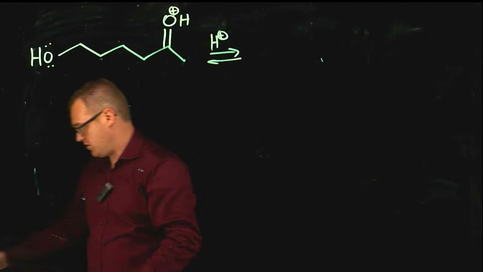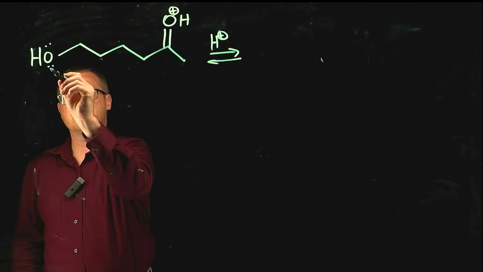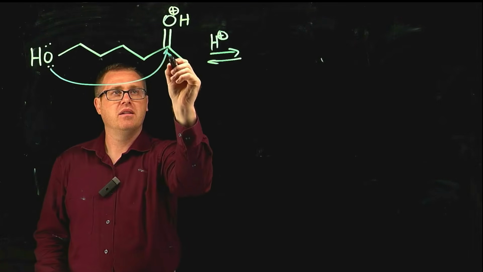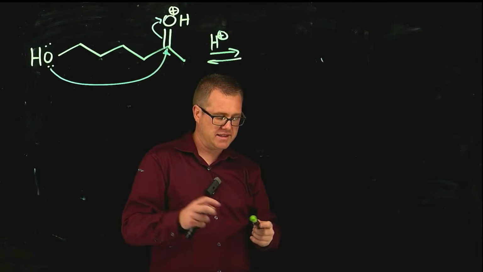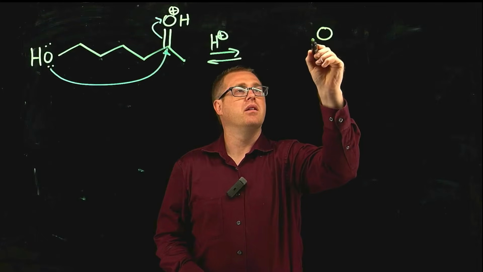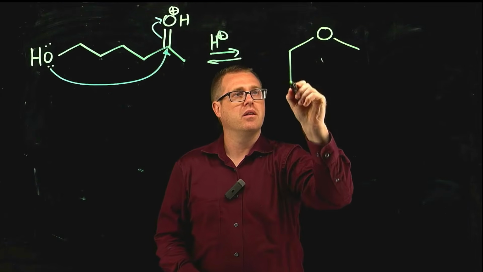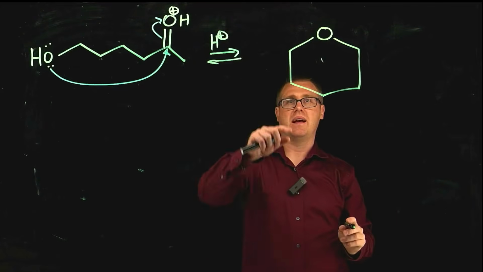And what does that do? That now makes that more electrophilic. So now this alcohol can come in and form a 6-membered ring. Let's see that.